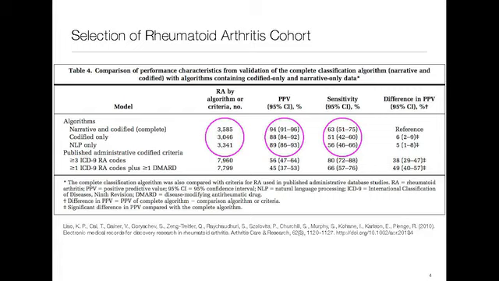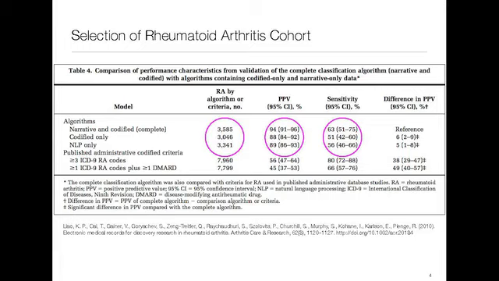And there are many thousands of those people. And then we selected a random set of, I think, 400 of those patients. We gave them to rheumatologists, and we said, which of these people actually have rheumatoid arthritis? So these were based on billing codes.